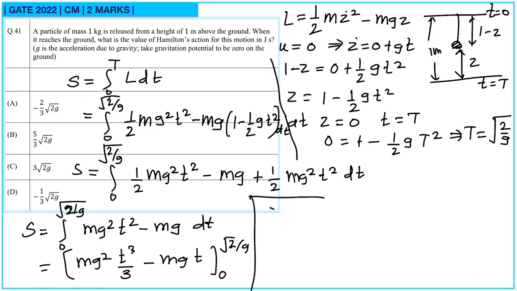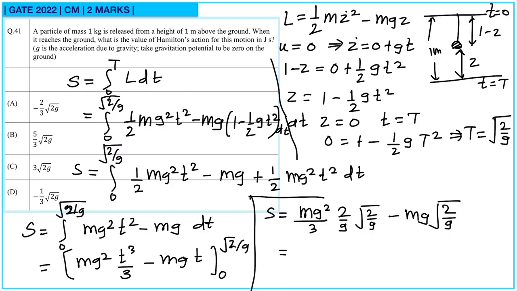So S is equal to mg square by 3, t cube is root 2 by g raised to 3, which is 2 by g root 2 by g, minus mg root 2 by g.